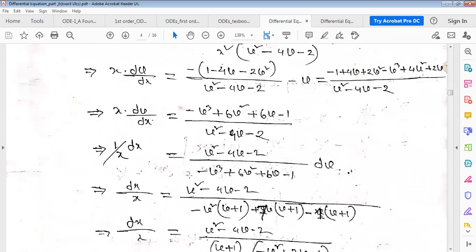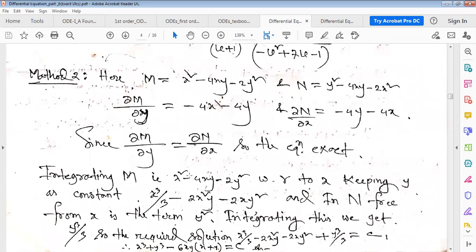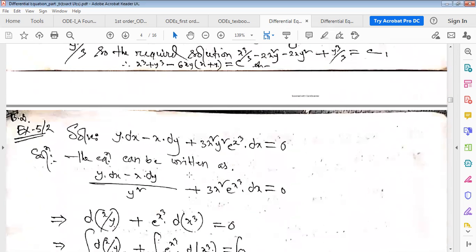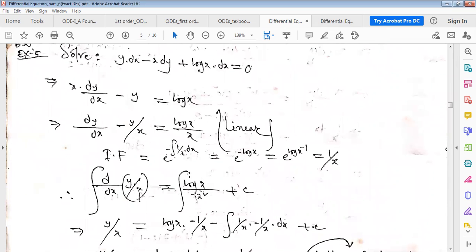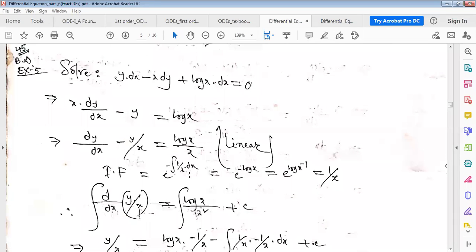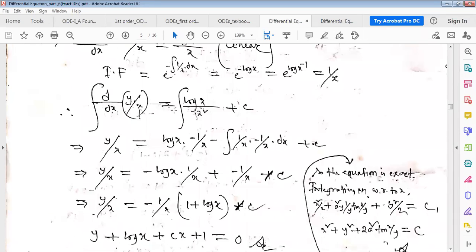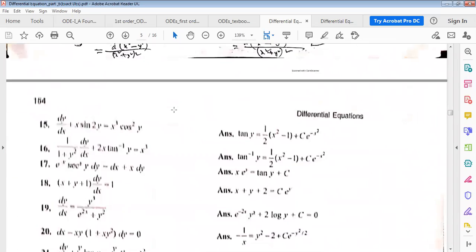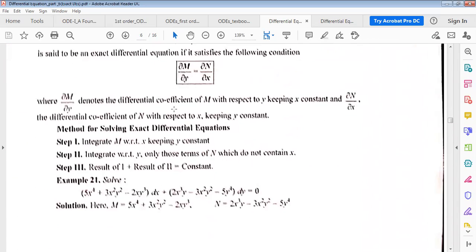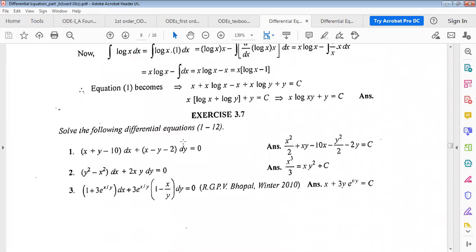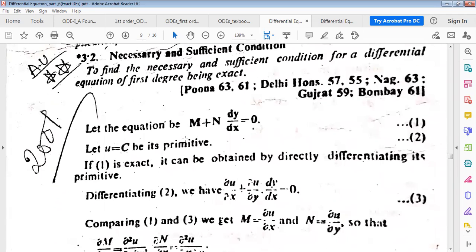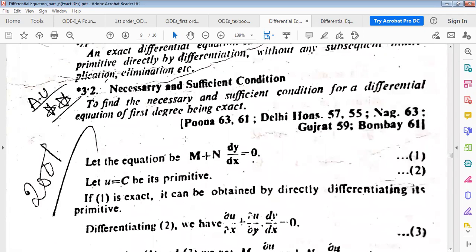A similar process we can follow for this differential equation. Actually the maths is the same for you. We have studied this example, and you can apply it.